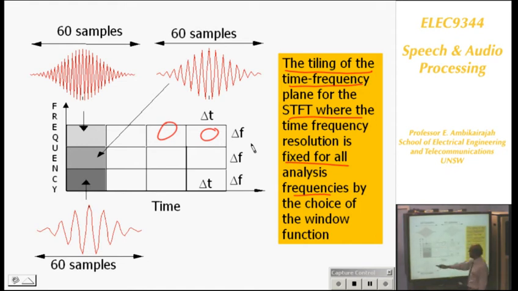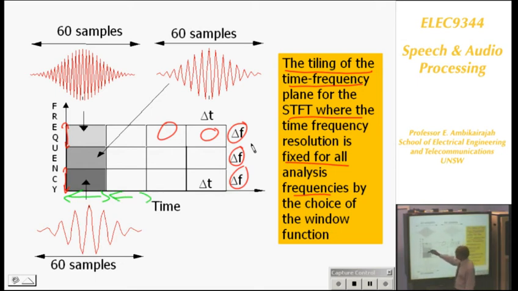I've got a signal going this way, time, and this is my frequency. Because you use a fixed window, whether you analyze at low frequency or at high frequency, your frequency resolution is fixed. You see? Because you use a fixed window, your time resolution is also fixed.